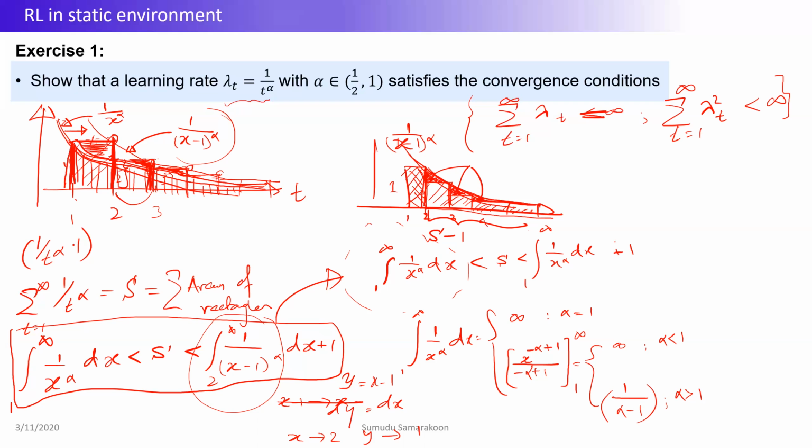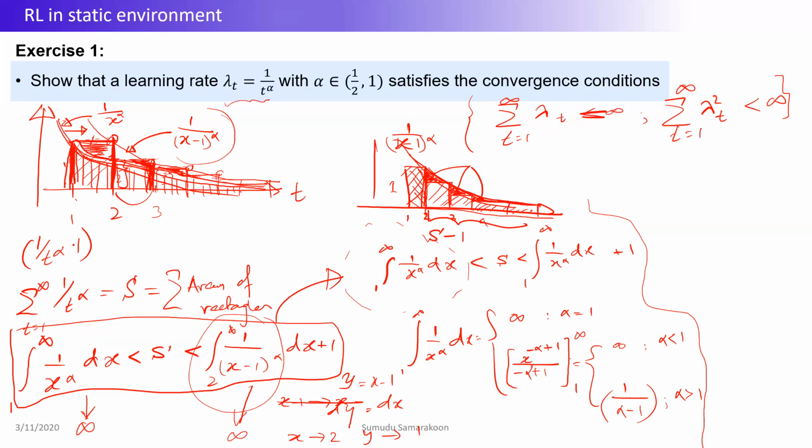Now let's see where we can write the rest. So now we have these results. By this step, we know when alpha is equal to or less than 1, this part goes to infinity and this part goes to infinity. So basically S is unbounded.